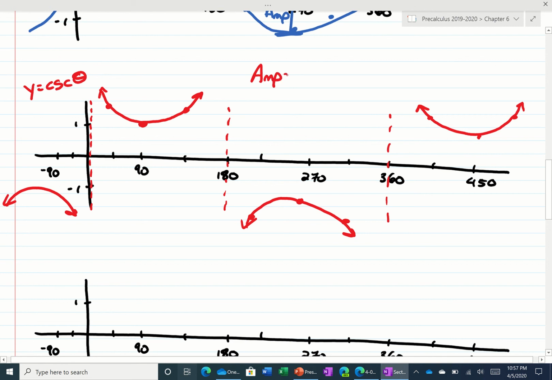Whenever we're talking about the amplitude of cosecant, we always say that there's none. Amplitude is only for wave functions. The shape, these were parabolas, alternating parabolas. Alternating means one up, one's down, one's up, one's down. And then the period means how often it repeats.